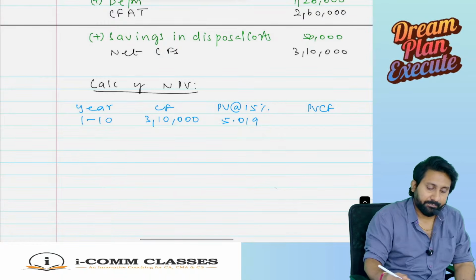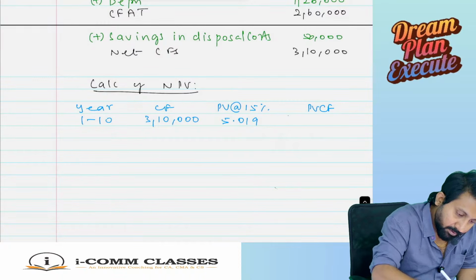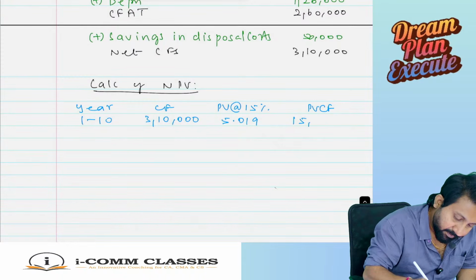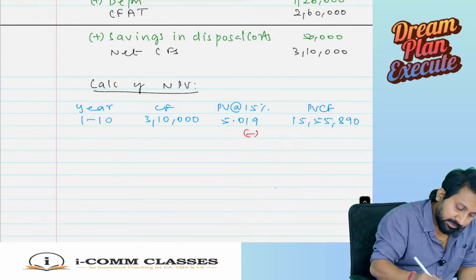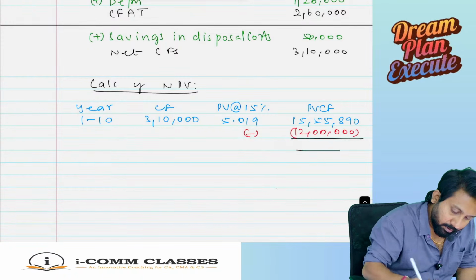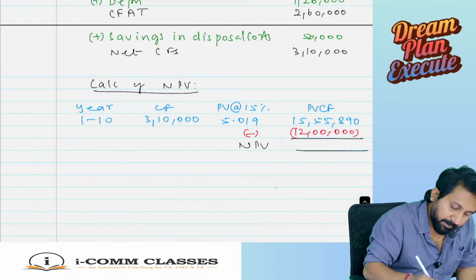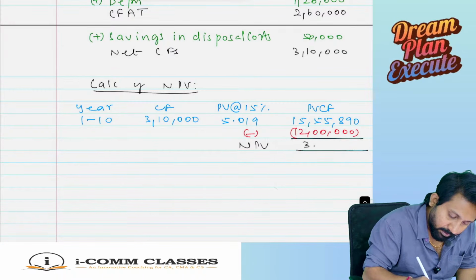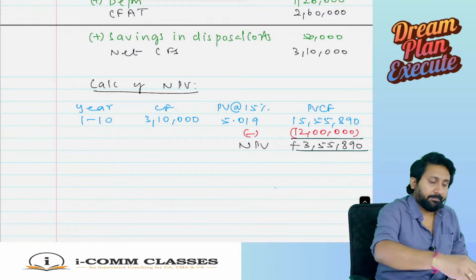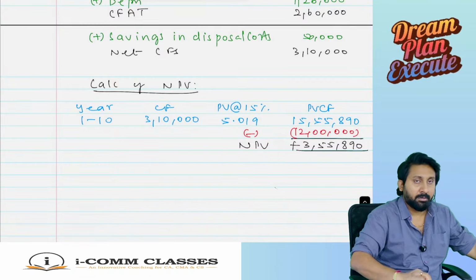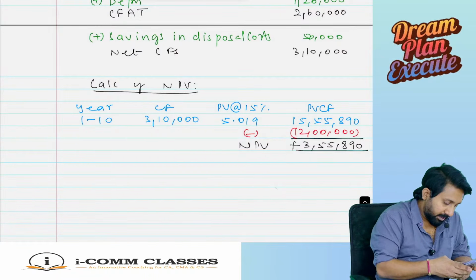Multiply. 15 lakh minus how much we need to spend on this? 12 lakh. NPV will be 355,890.